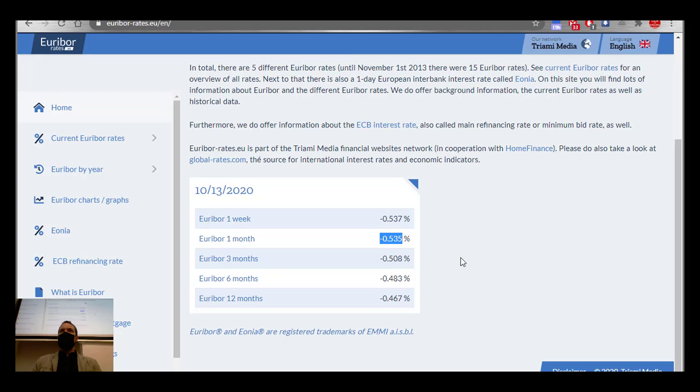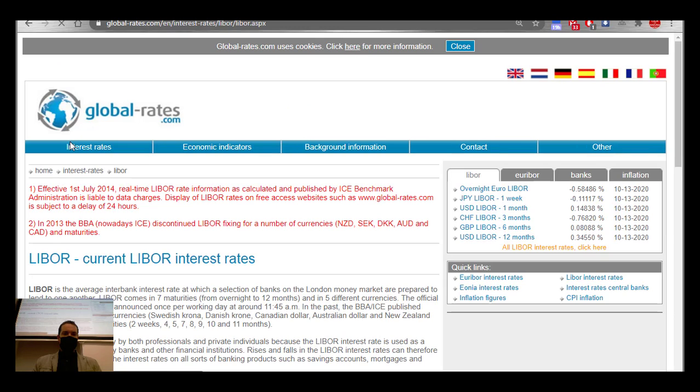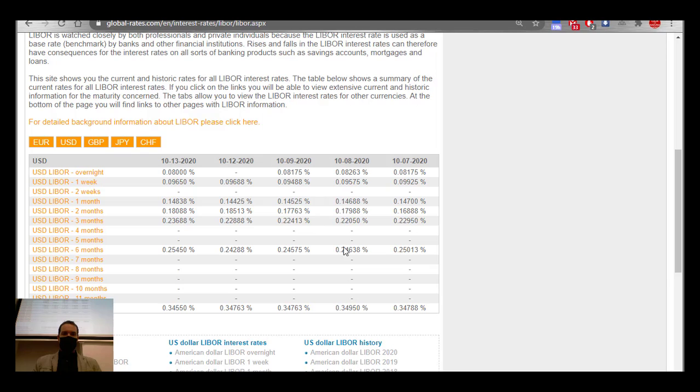So even if you are reading any kind of books about monetary policy, it says that you cannot have negative interest rate because it's counterproductive. And in the last 10 years we are living in this. And it's only for euros. So if you are switching to US dollar, it's at least positive.